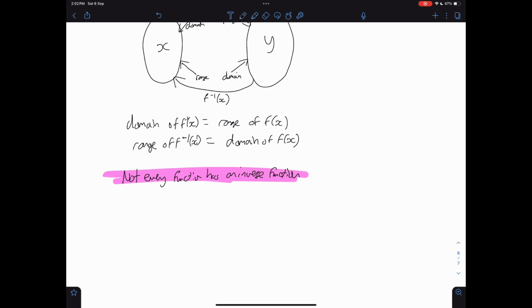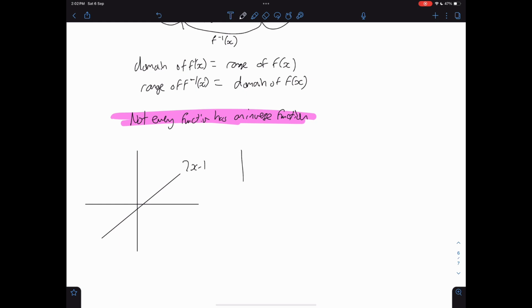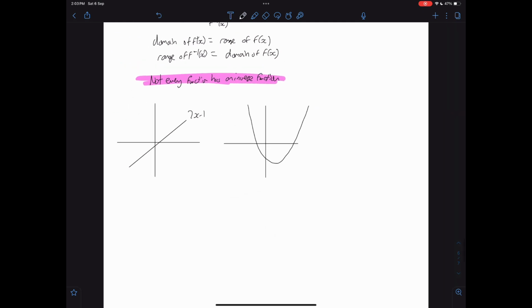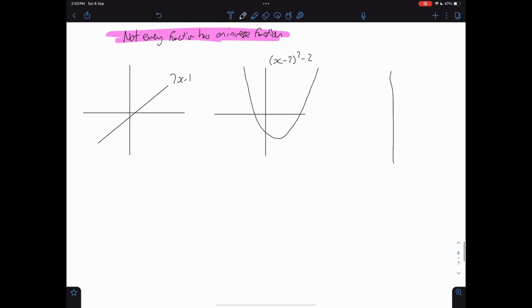If you recall, we had several examples of relations on a graph, like x minus 2.